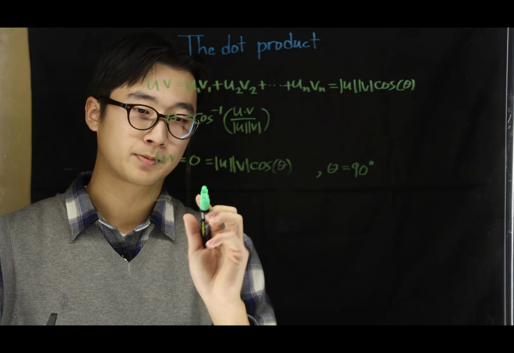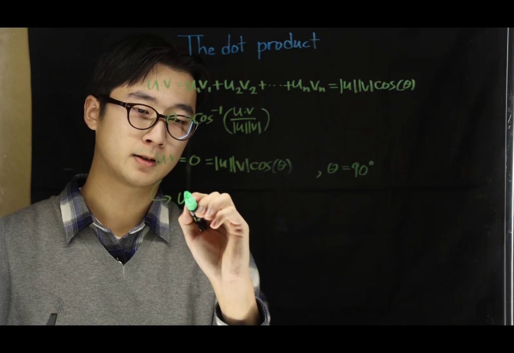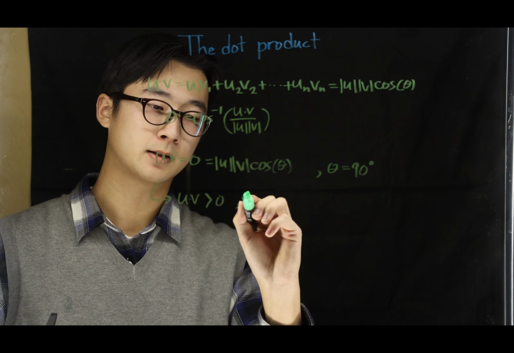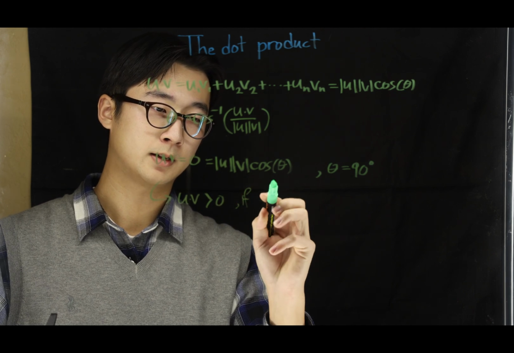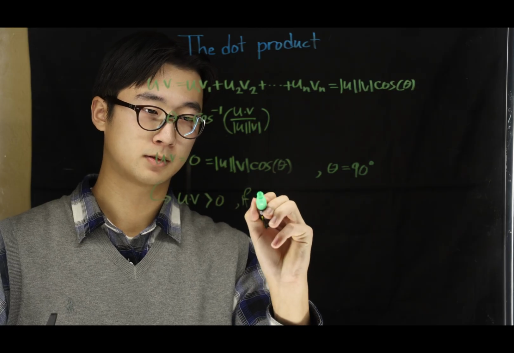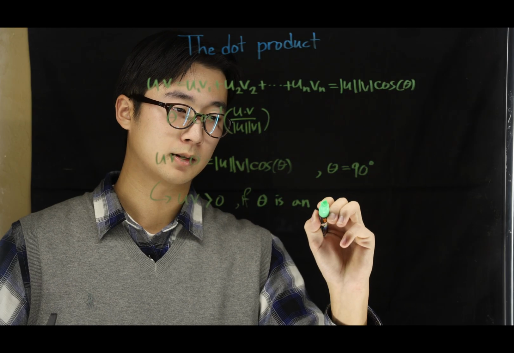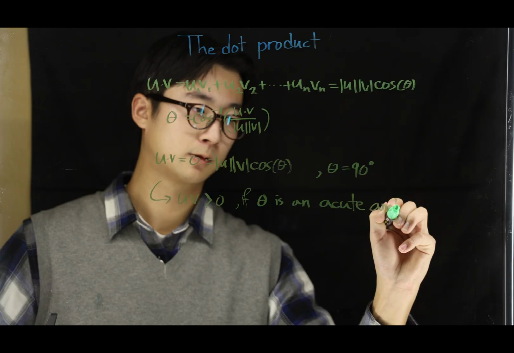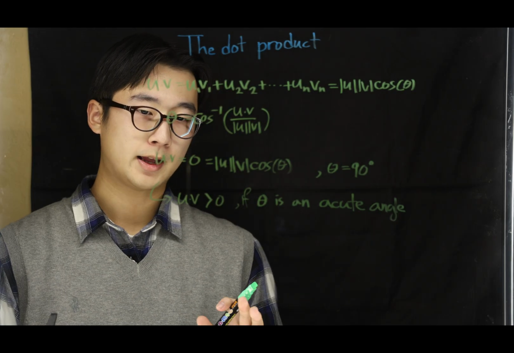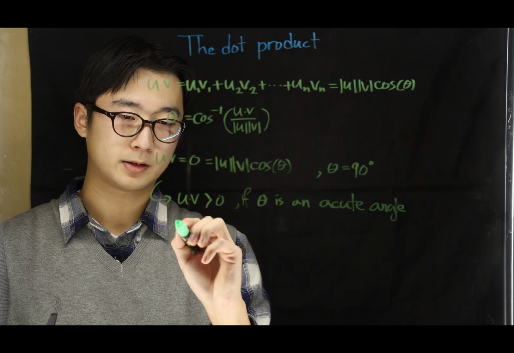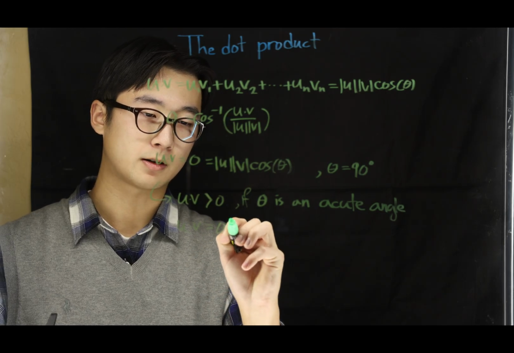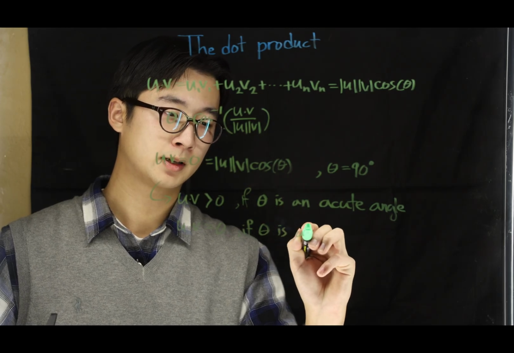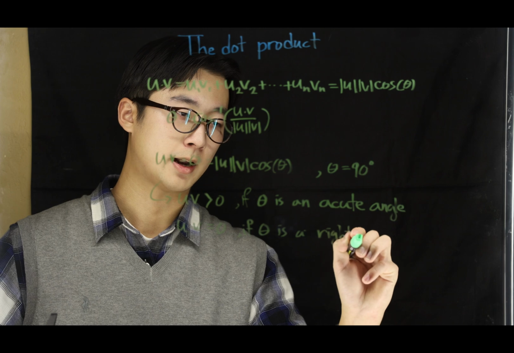Because we can notice 3 cases. When the dot product is greater than 0, that means the angle is acute, right? And when the dot product is equal to 0, the angle is a right angle.